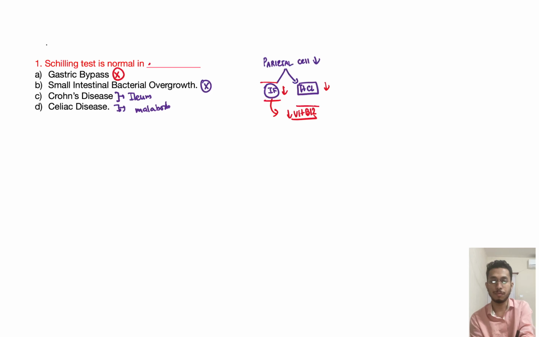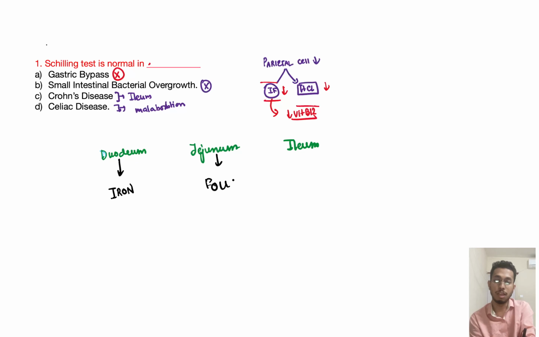So, the sites of absorption of micronutrients: for duodenum it is iron, for jejunum it is folic acid, and for ileum it is vitamin B12.